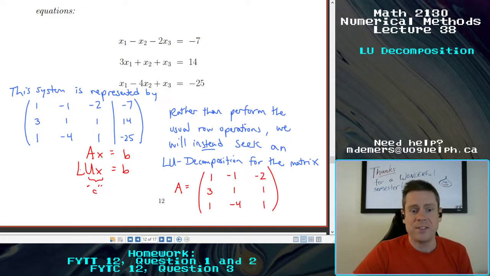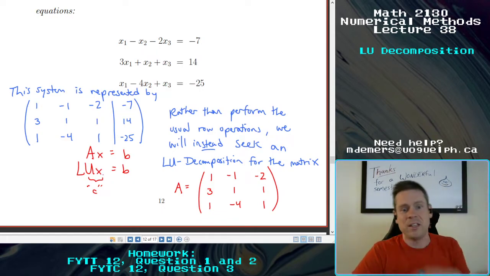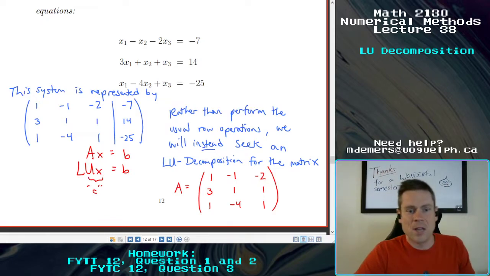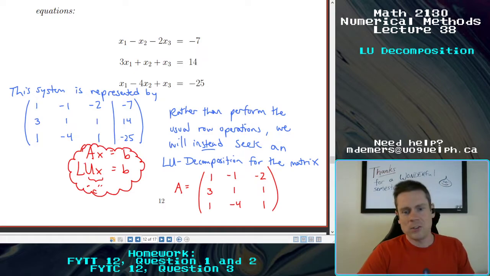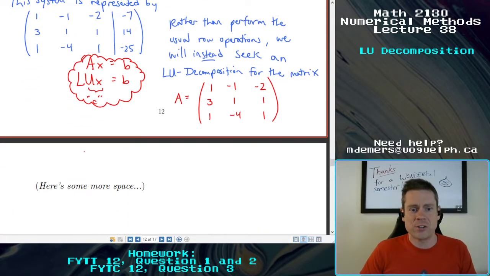We can solve for the C by using LC equals B. And then once we have that, we can solve for the X by using UX equals C. And in that two-step process, get to the variables that solve the system. So that's how it's going to work. And let me put that in a little bit of a cloud, so you can remember that. And let's go to the next page and actually do this.